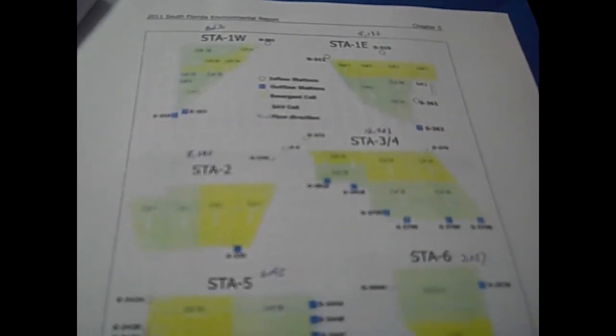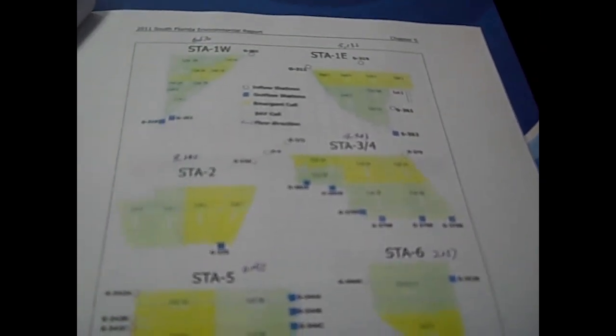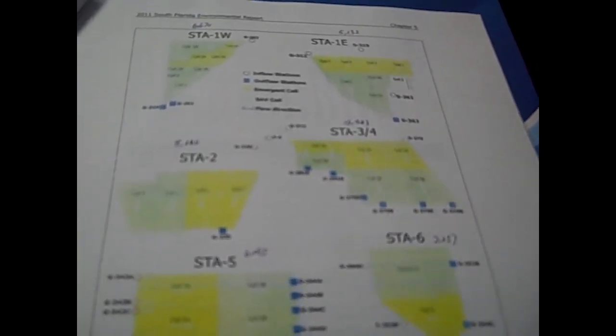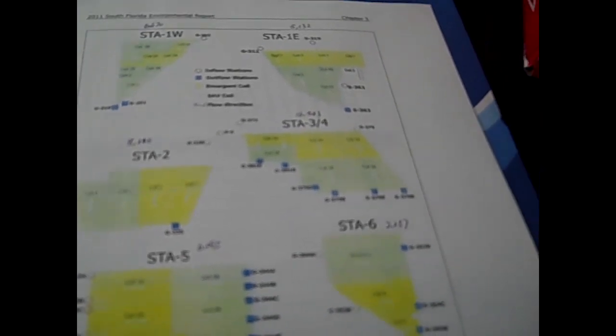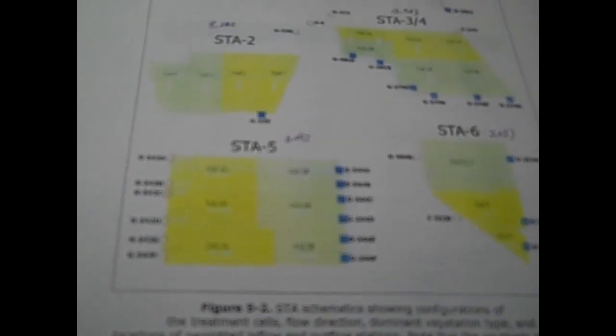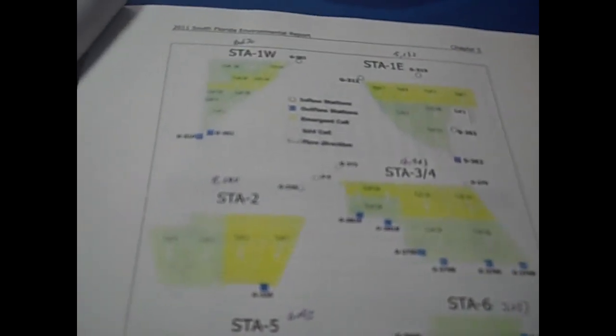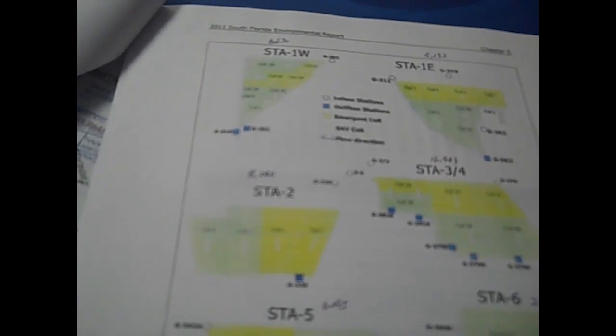Because our STA design is that when water flows, no matter north to south or east to west, there are always two cells connected. So when water gets into the first, say emergent plants, we call the EAV.